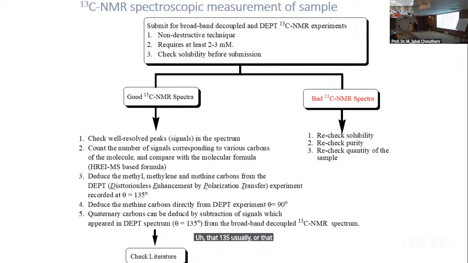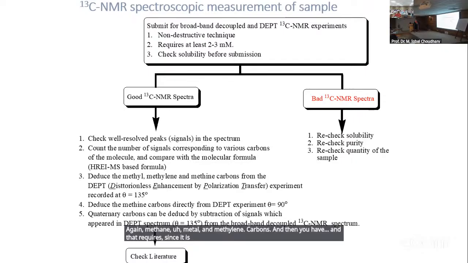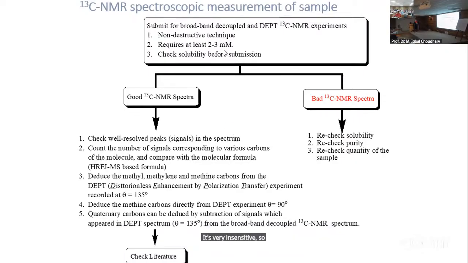We usually record DEPT 135 or DEPT 90 to identify methine, methyl, and methylene carbons. Since it is a non-destructive technique but very insensitive, it requires more sample. And when you have a good spectrum, you need to check it.